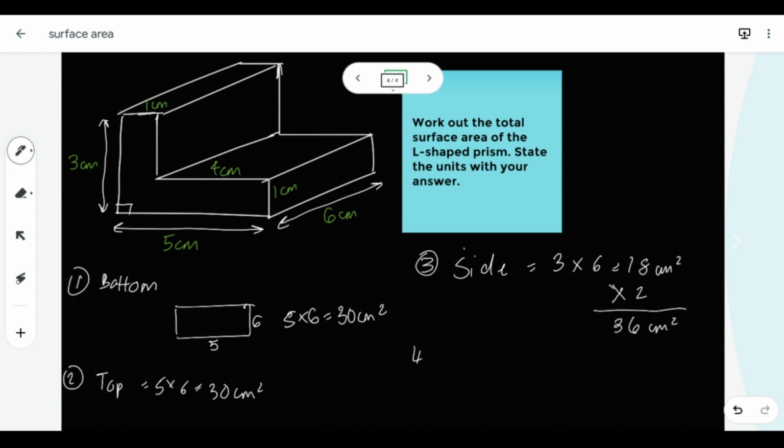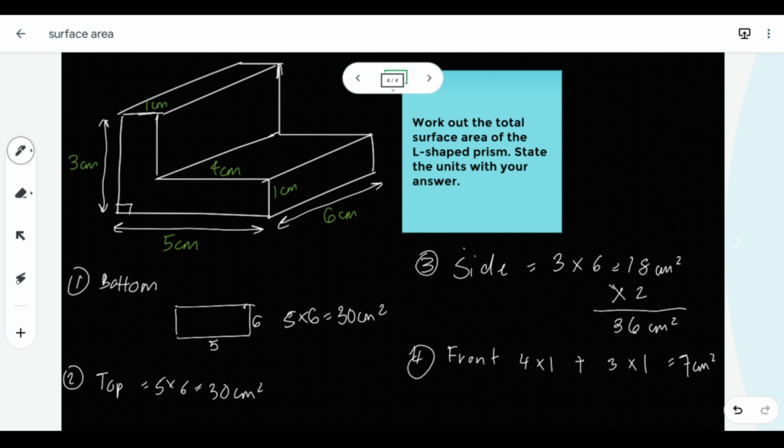And then number 4 is the front of the shape, which is 4 times 1, which gives you all of this part, plus 1 times by 3, all of this part, to give you 7 centimeters squared.